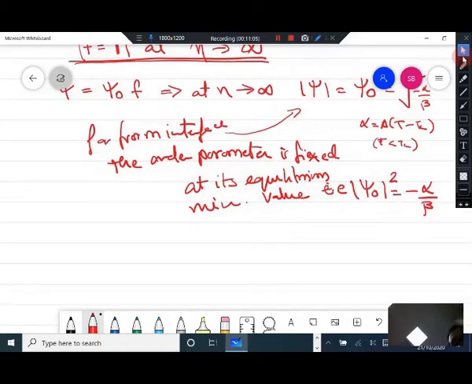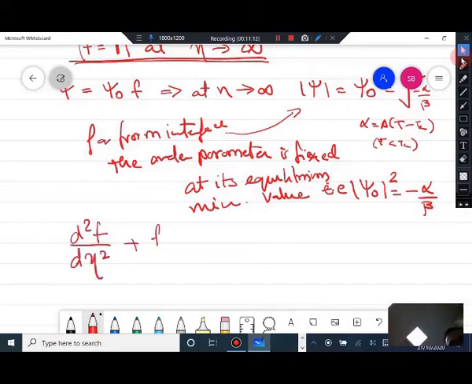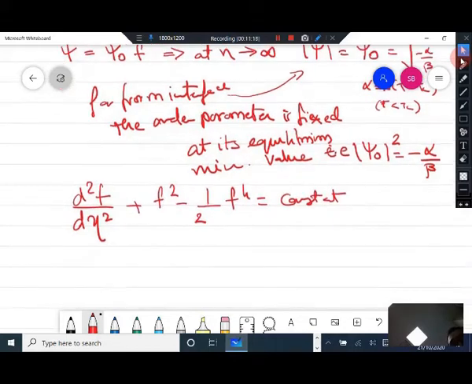With this condition, let us look at the expression d square f by d eta square plus f minus half f raised to 4 equal to a constant. Just let me correct this expression, one second.